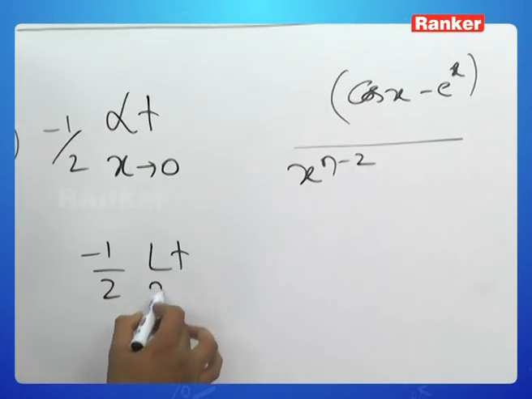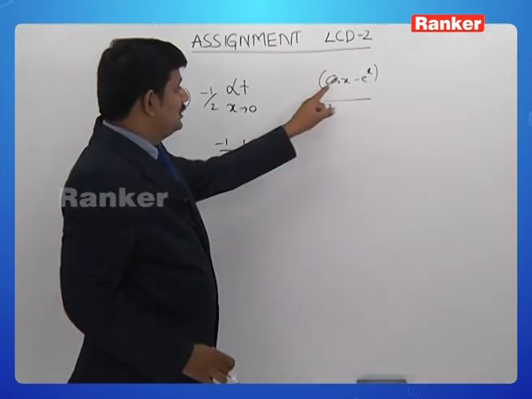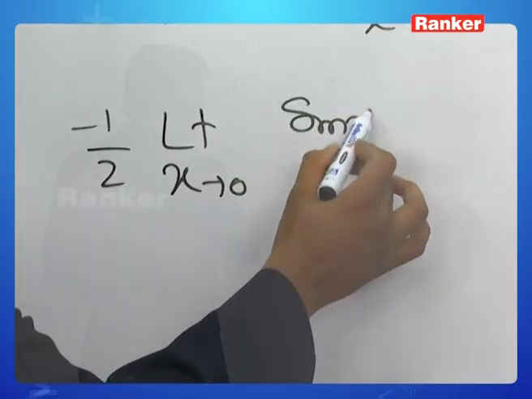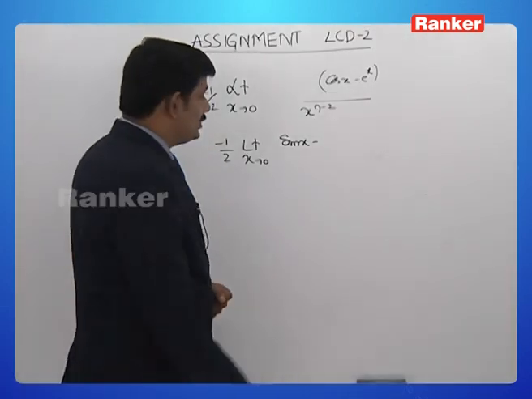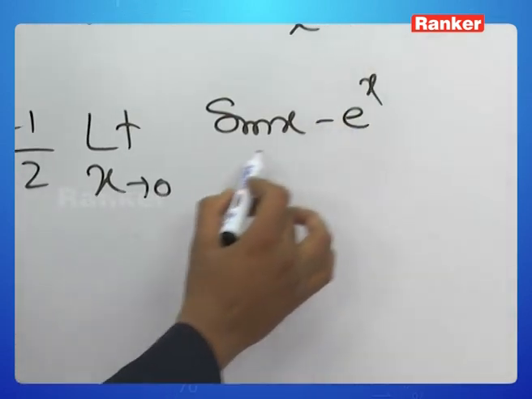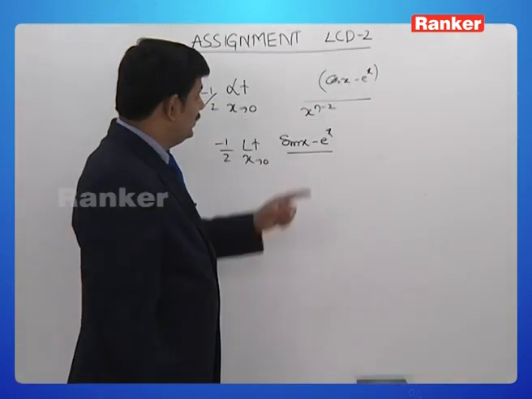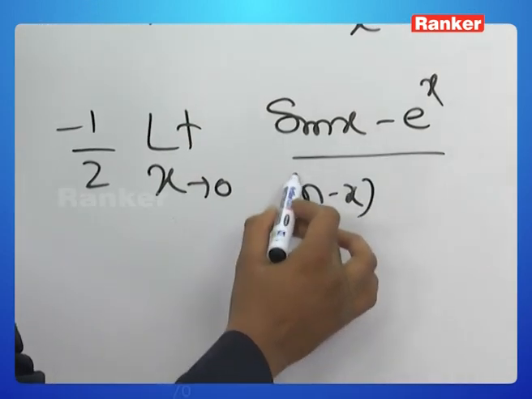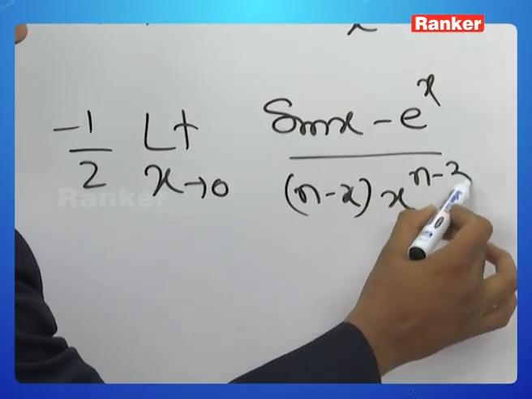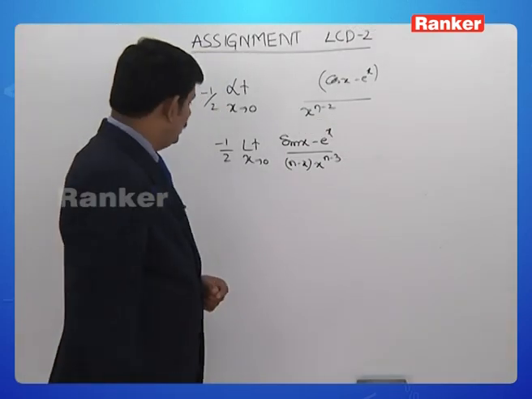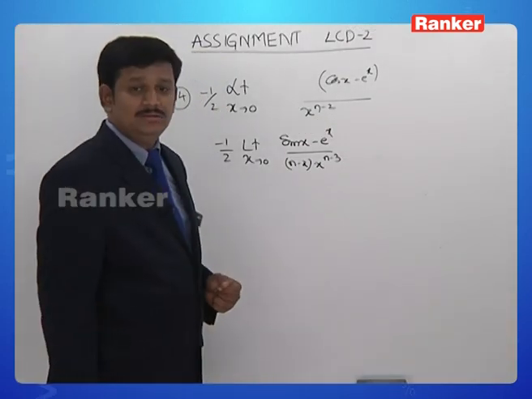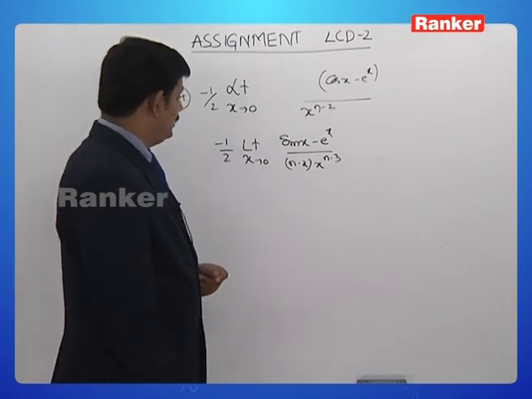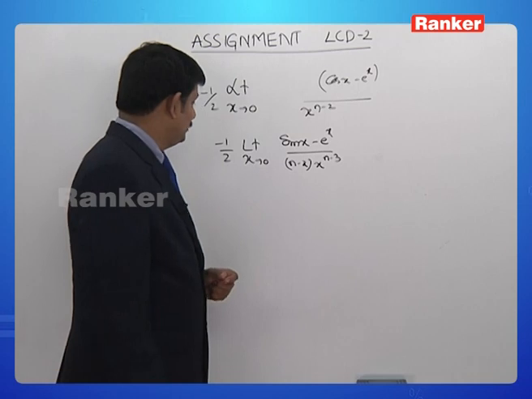Minus half, limit as x tends to 0, derivative of numerator: derivative of cos x is minus sin x, minus derivative of e power x is e power x, divided by derivative of x power n minus 2, which is n minus 2 into x power n minus 3. Now this limit needs to be a non-zero finite number.